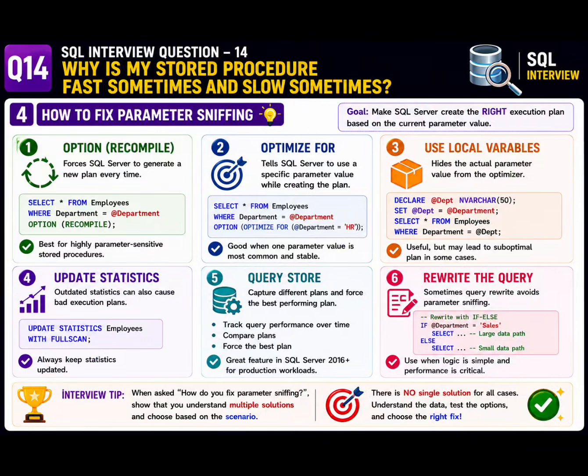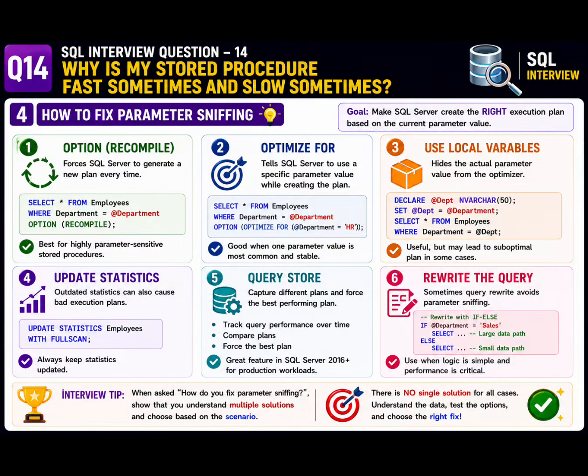Sometimes outdated statistics lead SQL Server to choose a poor execution plan. Updating statistics helps SQL Server estimate row counts more accurately. Here the advantage is better cardinality estimates and better execution plans. The only disadvantage is it does not solve every parameter sniffing problem. It depends.